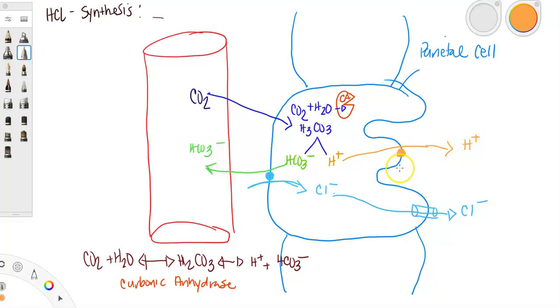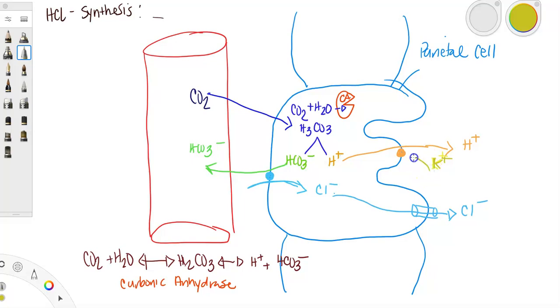But again, we've got this one positive hydrogen going out, so we have to bring in a positive ion. Kind of like a trade. So we bring in, what's the positive ion we can do? Potassium. And that is not a good color because you can't really see it. There we go.